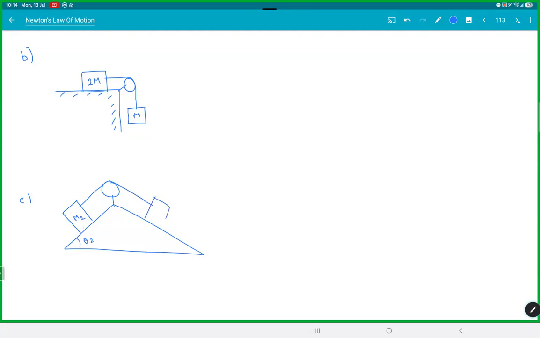Find the acceleration of the blocks. Without writing those equations, you're going to use the net force method.